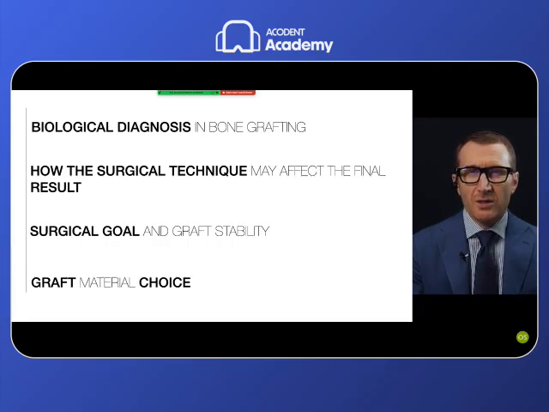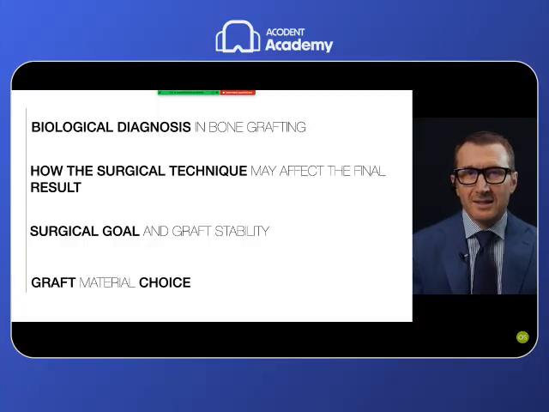Which factors do we have to take care of to improve the outcome of the regeneration, and how may the surgical technique affect the final result, meaning that sometimes our surgical choices can be favorable for bone formation, and in other cases are not appropriate choices to improve the predictability of the result, even if we think we perform the surgery perfectly, even if we have perfect primary bone healing.